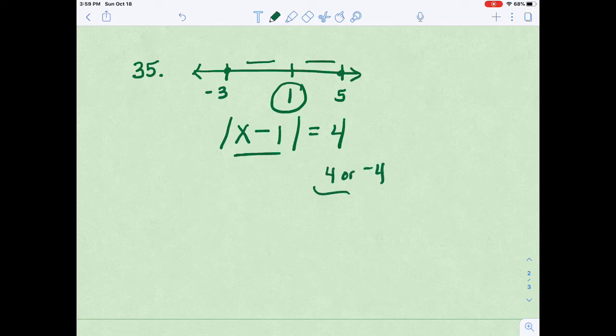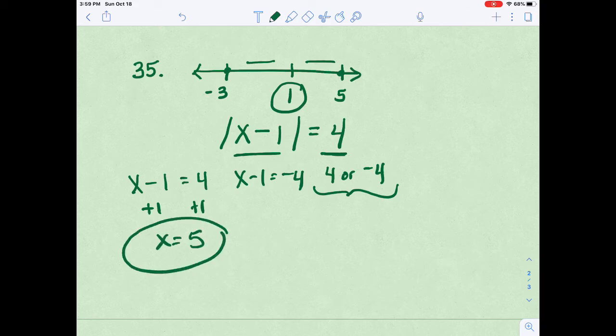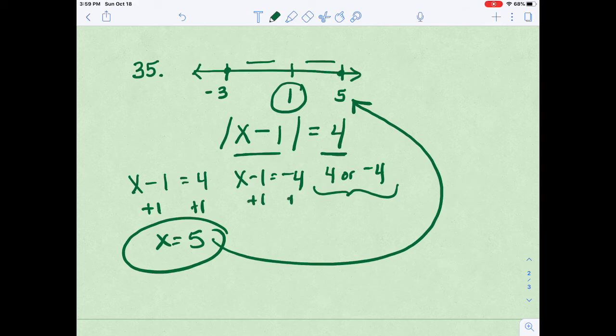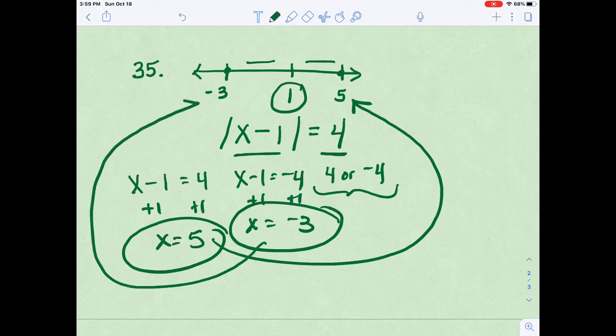The distance of it is just 4, and x minus 1 is that. So I would solve this. X minus 1 equals 4. X minus 1 equals -4. And so I go plus 1. X equals 5. Here I solve it. Plus 1, x equals -3. And so I've come up with an equation that will solve and get those problems.